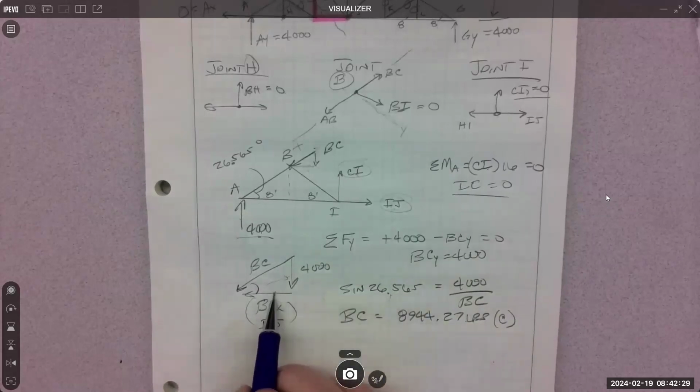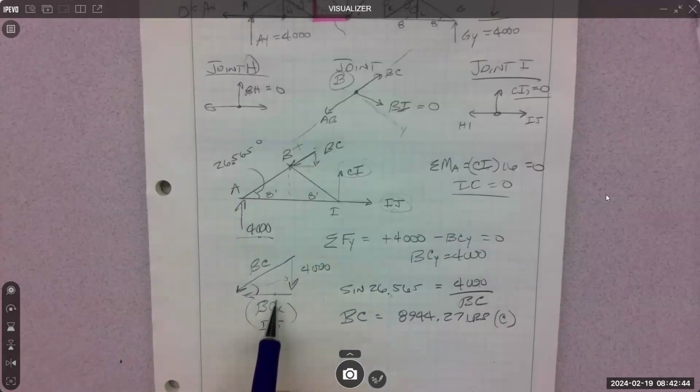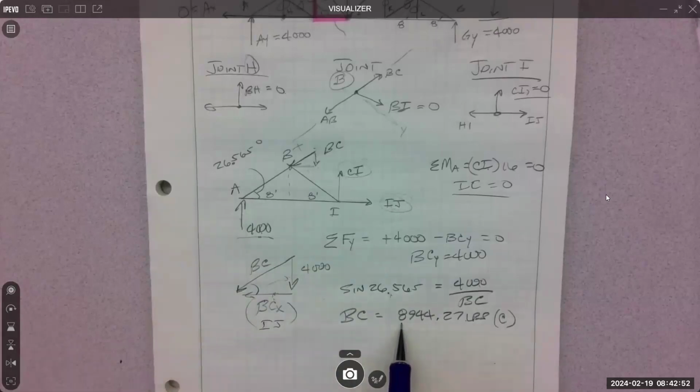Because we want the adjacent side. And the 4,000, so... I was using this and BC. Oh, okay. Because now I know BC, right? Yeah. So that's how I was doing it.